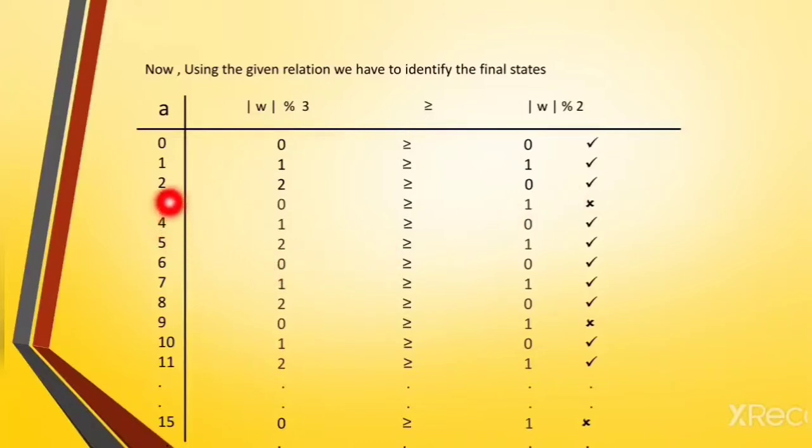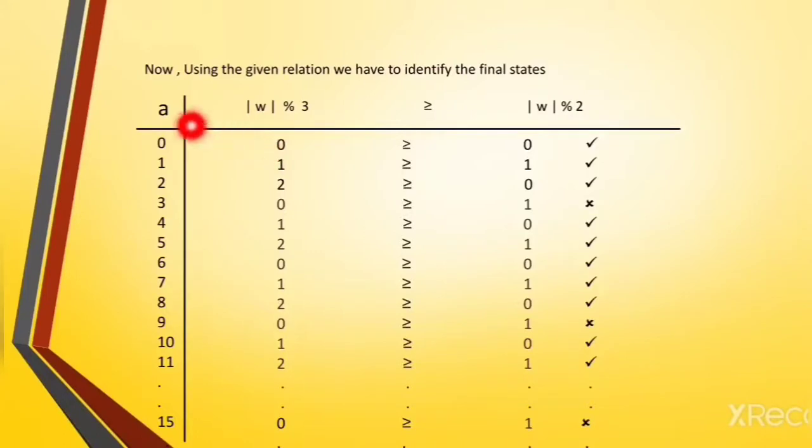And if the value of A is 9, then 9 mod 3 equals 0, and this must be greater than or equal to 9 mod 2, which gives the value 1. So 0 is greater than or equal to 1, and this condition is never satisfied.